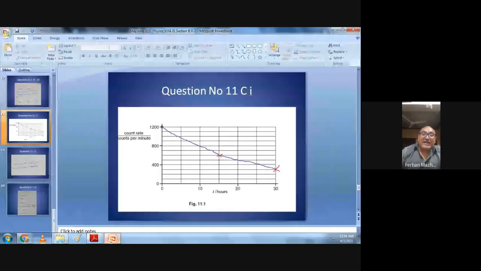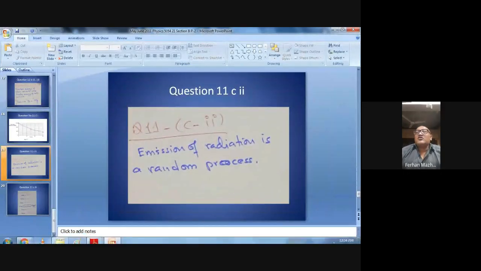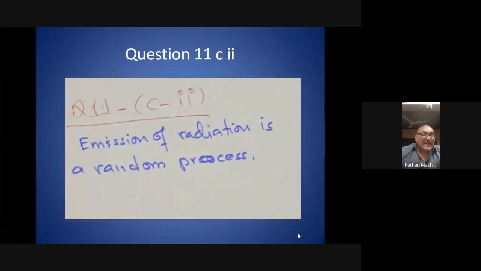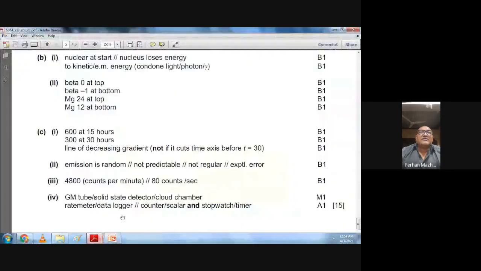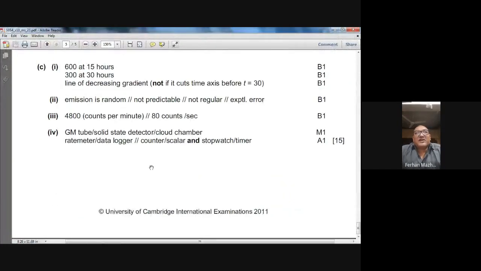I've written this answer also. Let me show you my answer. Here on your screen, you can see this answer: emission of radiation is a random process. Remember, this emission of radiation is a random process. So let's check the marking scheme. What the marking scheme says, you can see the first part which we have drawn: a line of decreasing gradient, not if it cuts the time axis.